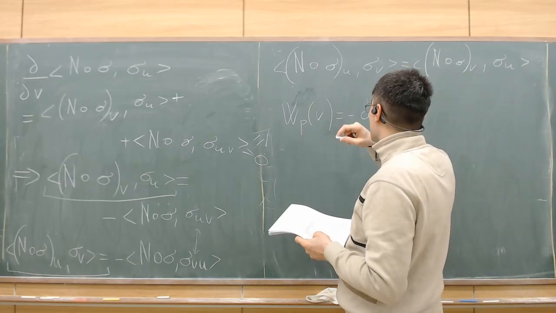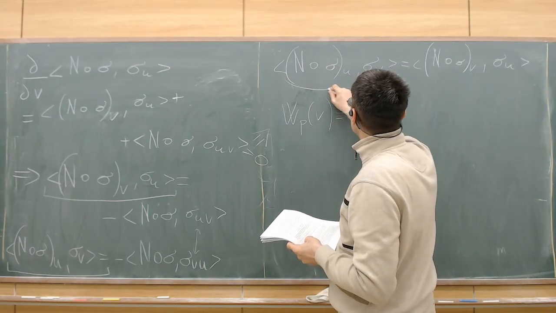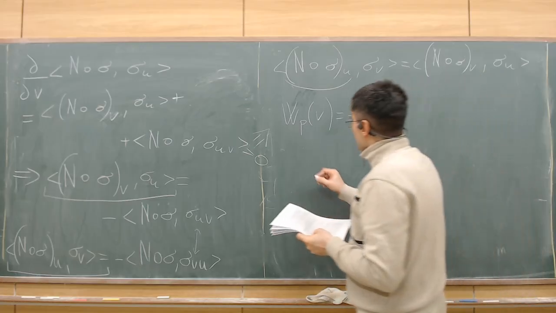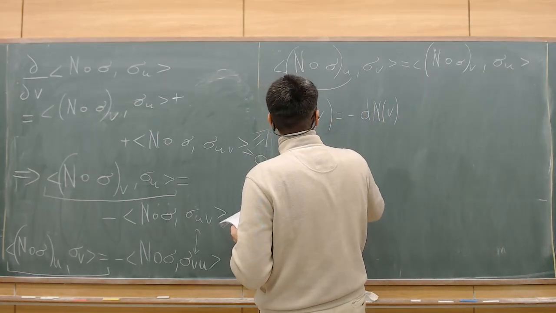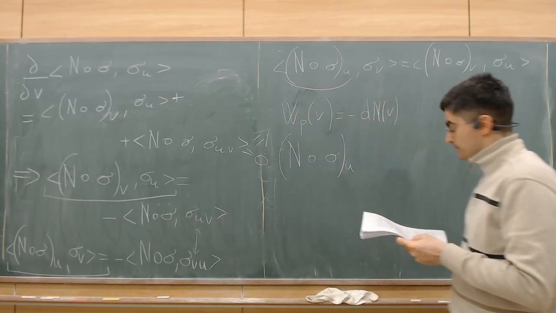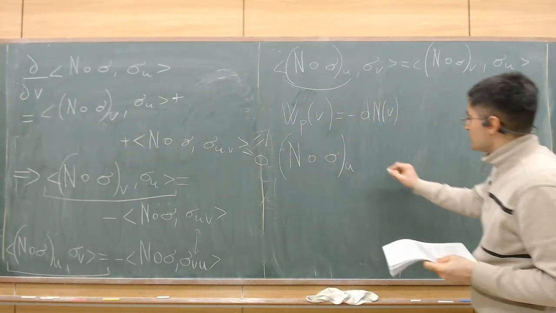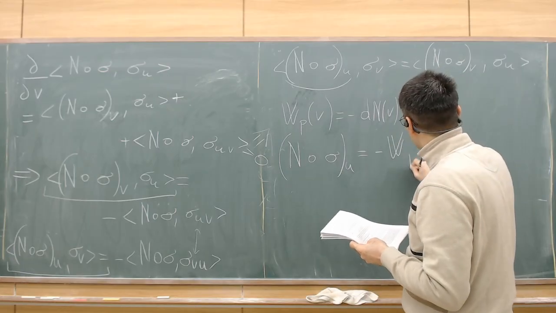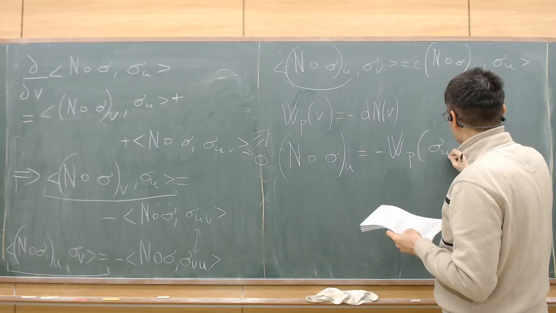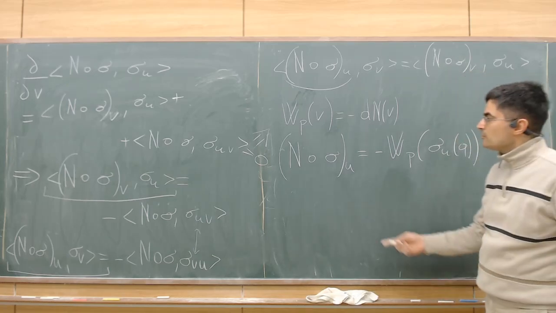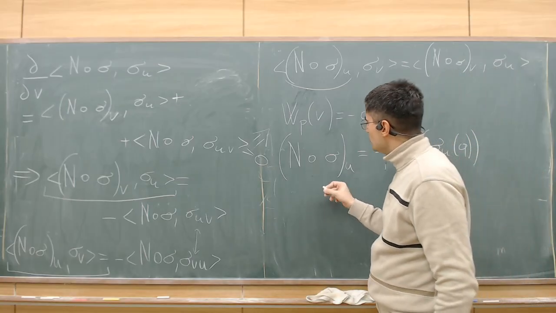Let's ask ourselves, what is this? N composed with sigma u is nothing but minus WP sigma u at q, because if you want to compute this derivative, you have to use the chain rule.